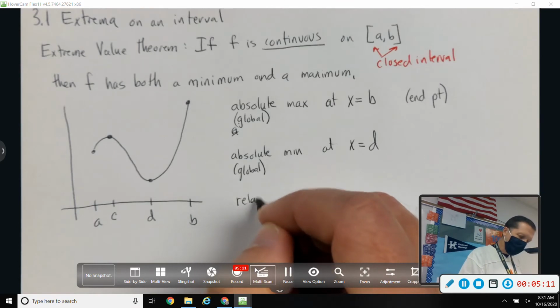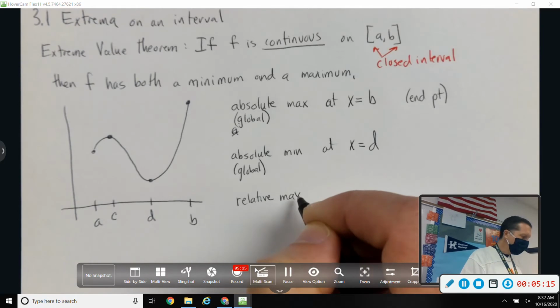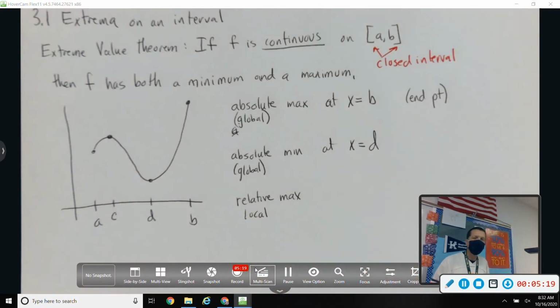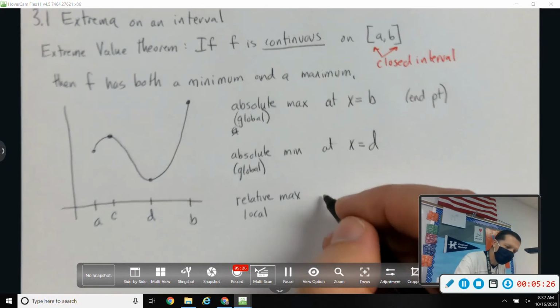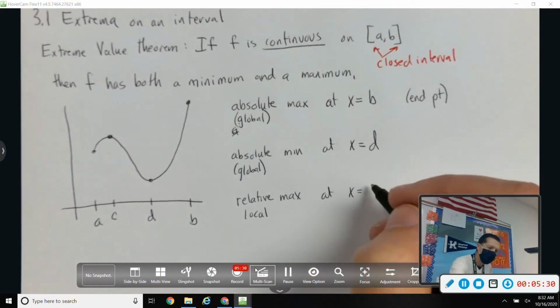And it has a relative max, or a local maximum. Local might be even a better term. So local, like in its neighborhood, has a local max at x equals c.